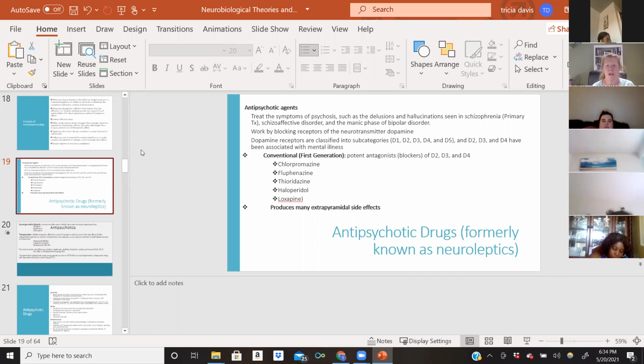Antipsychotic agents work by blocking receptors of the neurotransmitter dopamine. Dopamine receptors are classified into different subcategories: D1, D2, D3, D4, and D5. D2, D3, and D4 have been associated with mental illnesses.